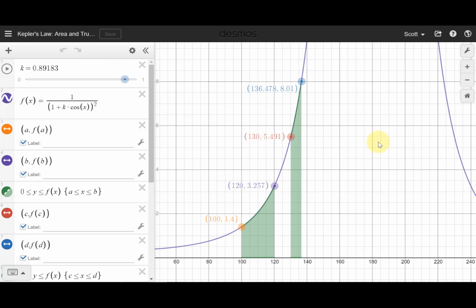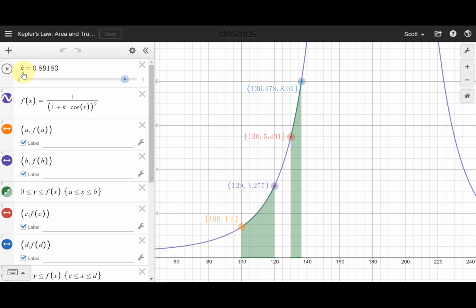So now in Desmos, I've actually set up the function 1 over 1 plus the eccentricity times the cosine of the angle, squared. But just because it was convenient here in Desmos, instead of using theta, I'll use x as the angle. And I couldn't use e in Desmos as the eccentricity because it expected e to be the constant 2.718.